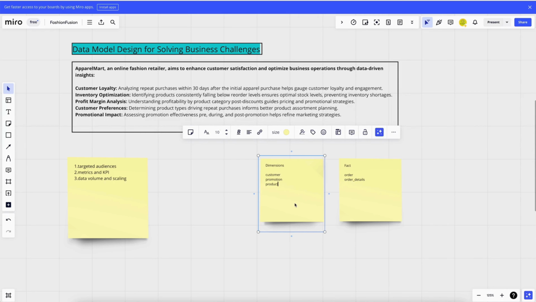So let's start with the first dimension table, customer. In crafting our customer table for this business use case, we aim to capture comprehensive customer information for personalized services.